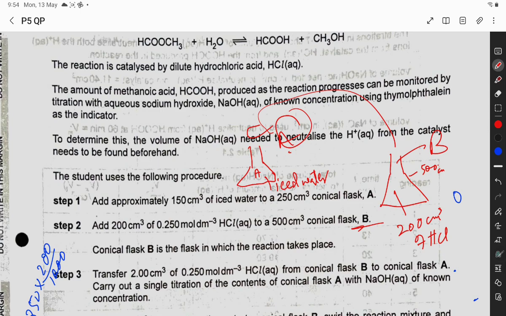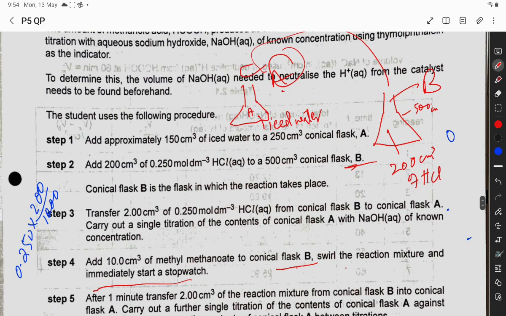The amount of methanoic acid produced as the reaction progresses can be monitored by titration with aqueous sodium hydroxide of known concentration using thymolphthalein as the indicator. To determine this, the volume of sodium hydroxide needed to neutralize the H+ ions from the catalyst needs to be found beforehand. The student uses the following procedure.